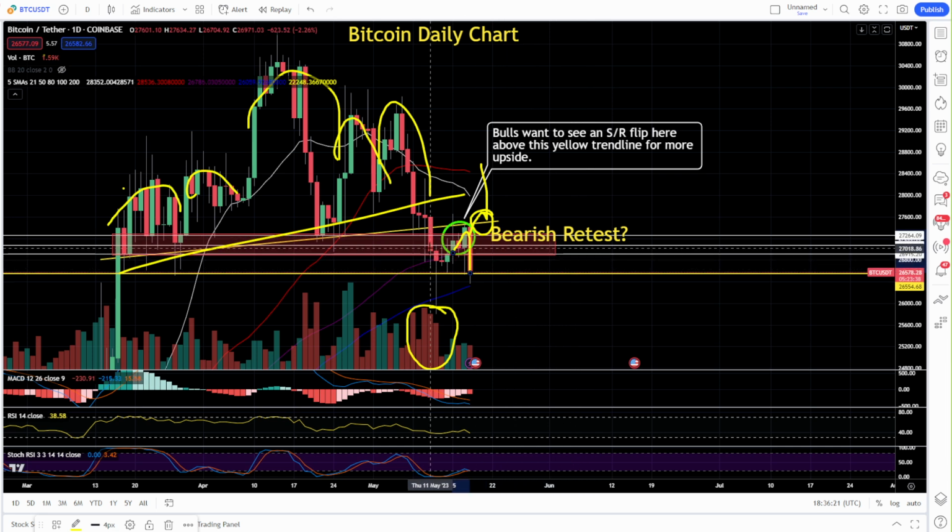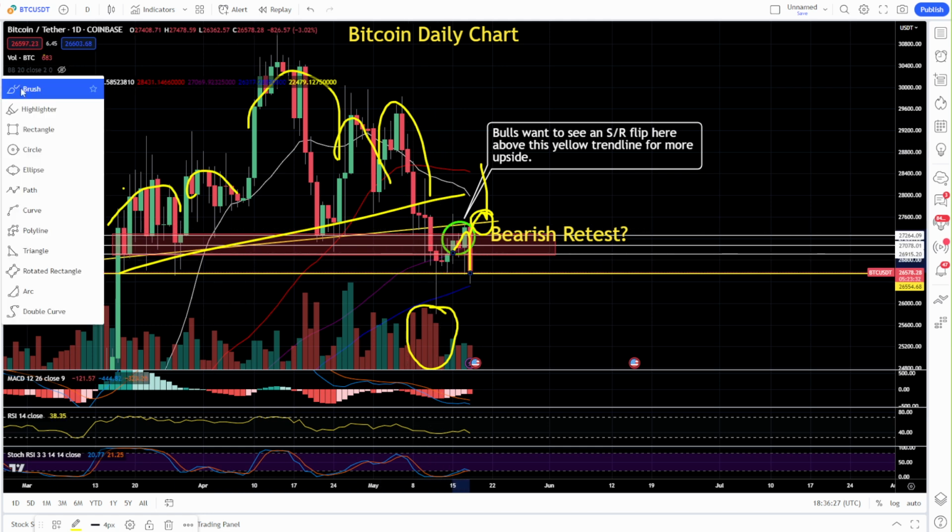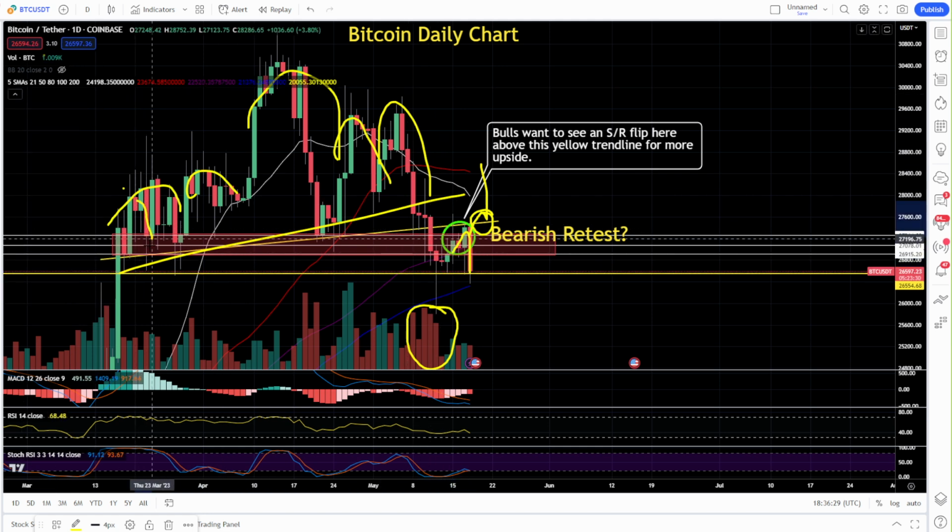Because you're biased, you're yelling at the bulls, why can't you hold this level? Look how many times the buyers bought here, bought here, bought here. It's confusing.